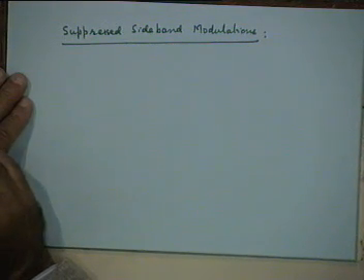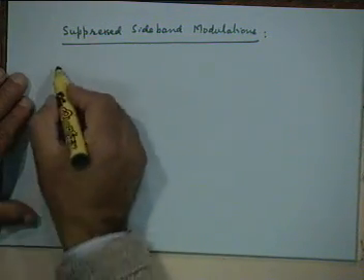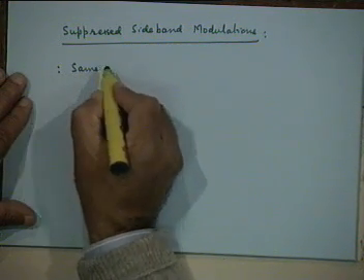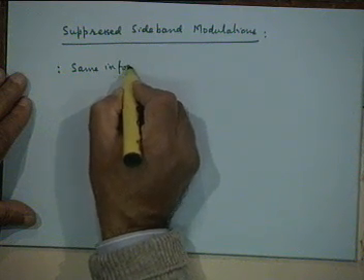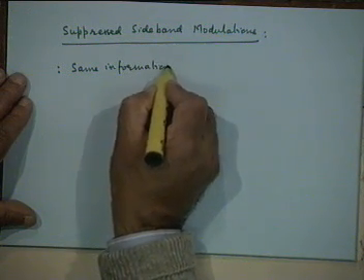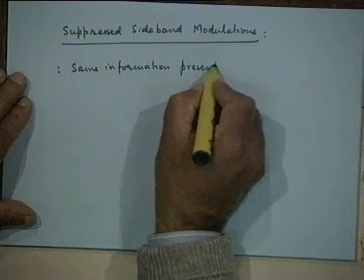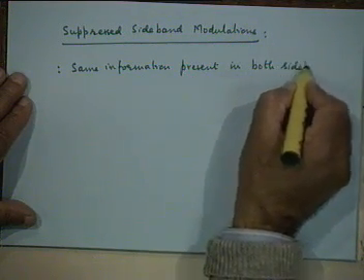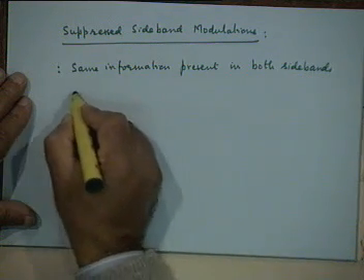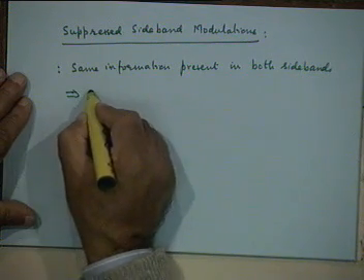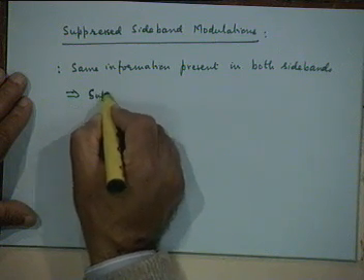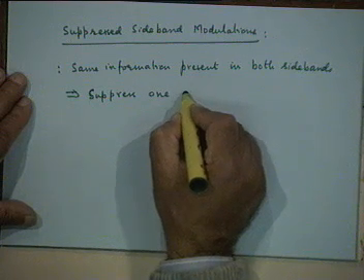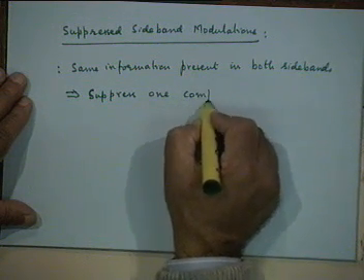They are motivated by the fact that the two sidebands carry identical information, so we can suppress one of them either completely or at least partially.